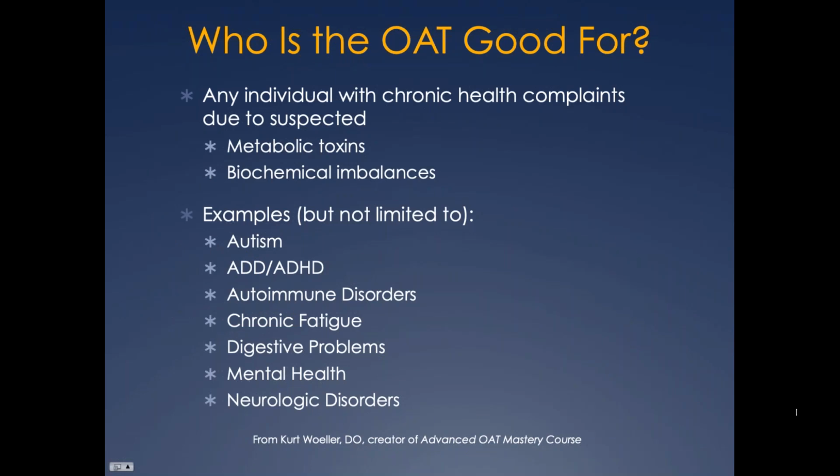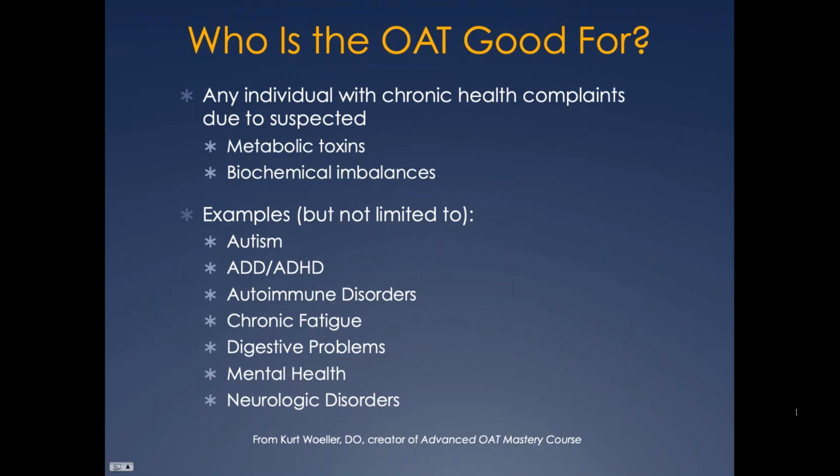So who would the OAT test be a good choice for? Basically, any individual that has any sort of chronic health complaint due to suspected metabolic toxins or biochemical imbalances, broadly speaking.